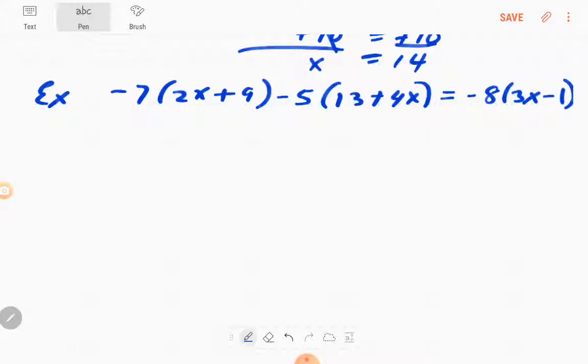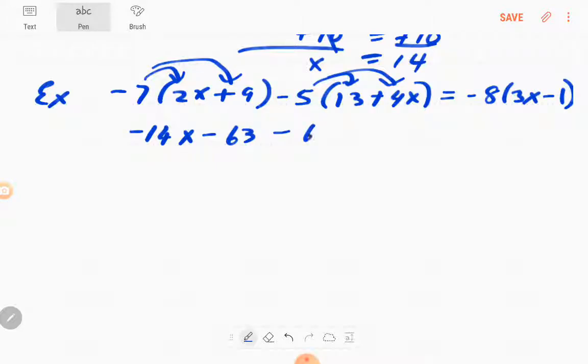Okay, so we're going to use distributive property here. So this becomes minus 14x minus 63. Use distributive property again here. So this becomes minus 65 and minus 20x equal to minus 24x plus 8. Okay, so this minus sign changes everything on the inside of the parentheses to the opposite sign.